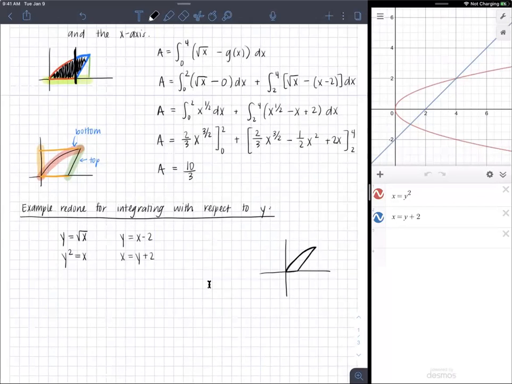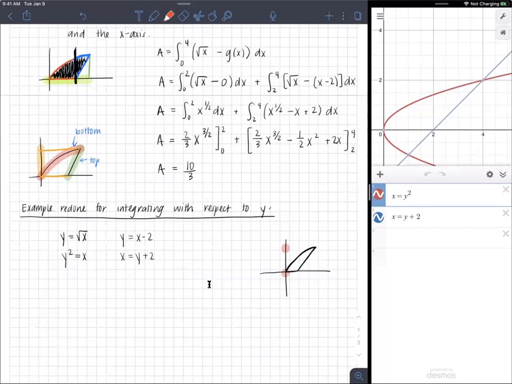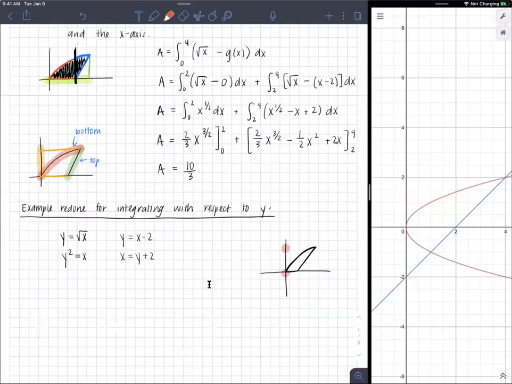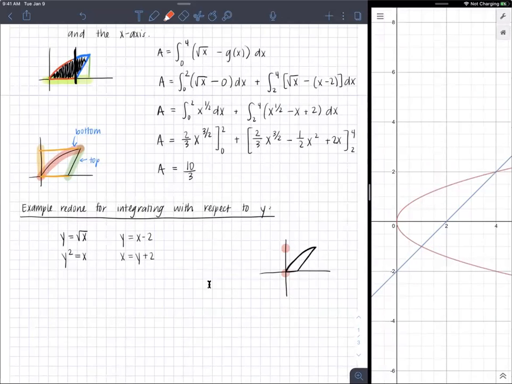Where do I start seeing y values, and where do I stop seeing y values, if I just look from the x-axis and then up? So this is 0, this is 2.